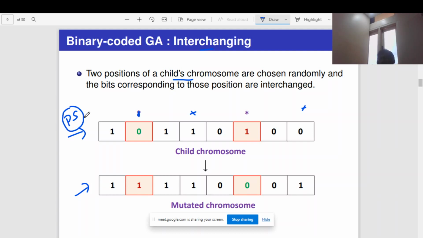You think the solution can be improved, but you don't want to improve too much. For example, if your solution is somewhere here on the membership function, you want to gradually bring it to here. If the objective is to find the global minima, you don't bring it from here to here.